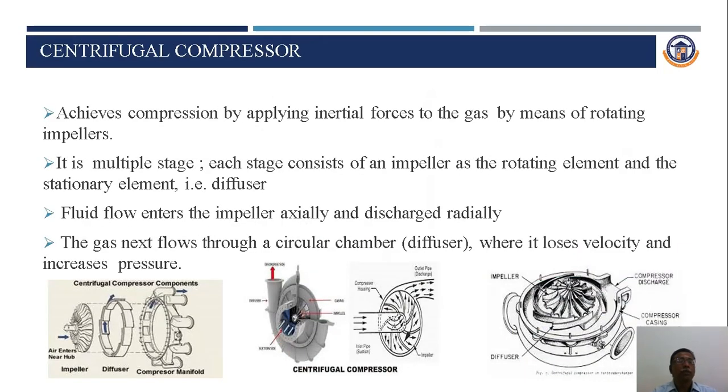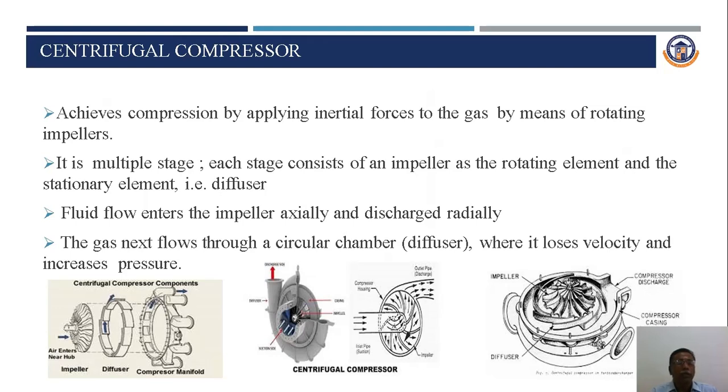So what is meant by a centrifugal compressor? Compression is achieved by applying inertial forces to gases by means of a rotating impeller. In this multiple stage machine, each stage consists of an impeller as the rotating element and a stationary element, that is the diffuser. So there are two components, one fixed and another rotating, the rotor and the stator.